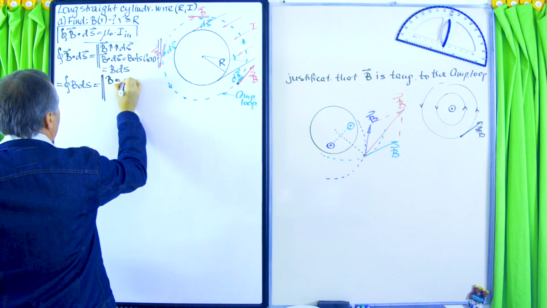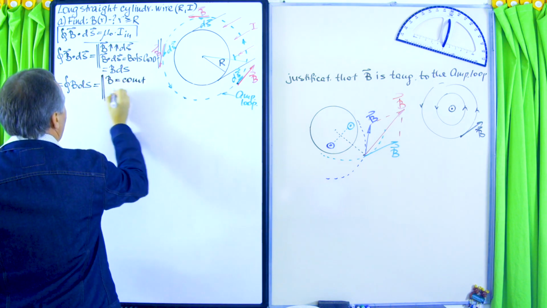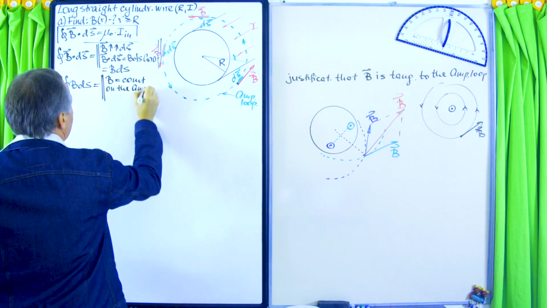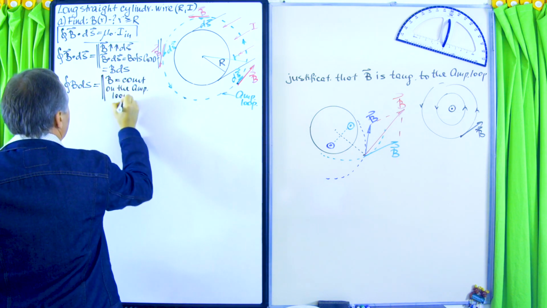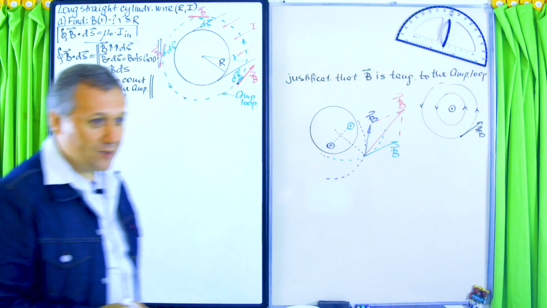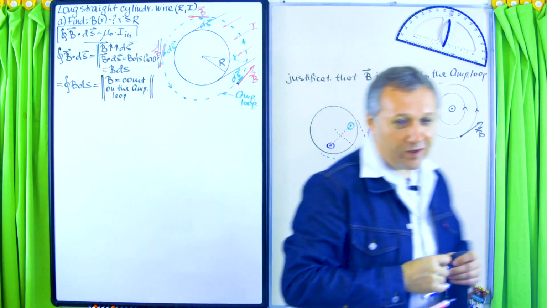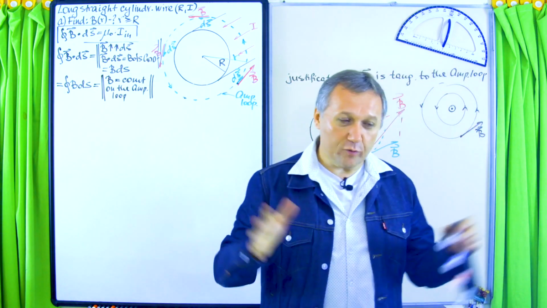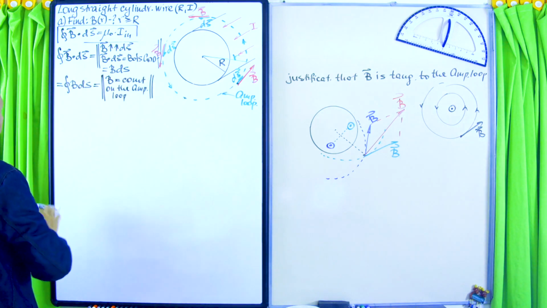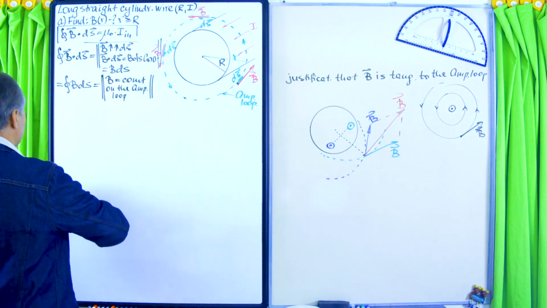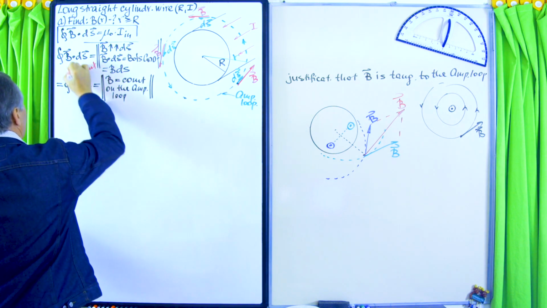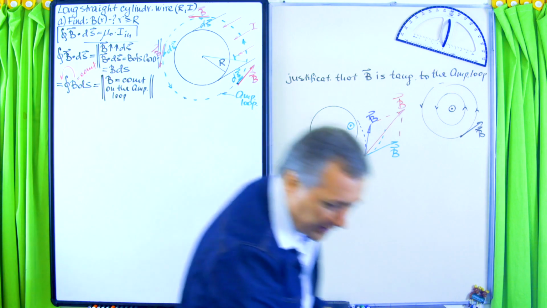B equals constant, and I will add: on the Amperian loop. Only on the Amperian loop. So now we are all set for an extraction. We prepared ourselves to extract the magnetic field. As a result, since B is constant, we can extract it from the sign of integration.